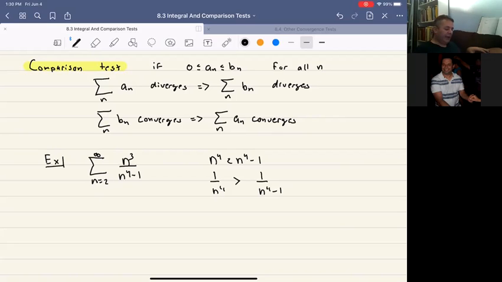So now this thing is less than the sum, n goes from 2 to infinity, n cubed over n to the fourth, and this equals the sum from 2 to infinity of 1 over n, so this is divergent.